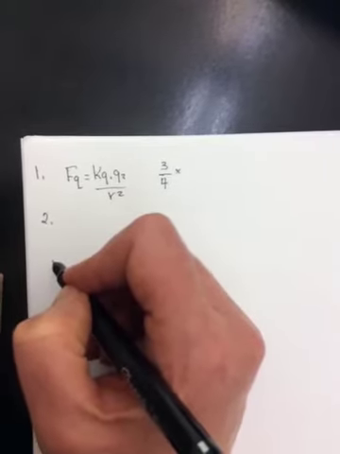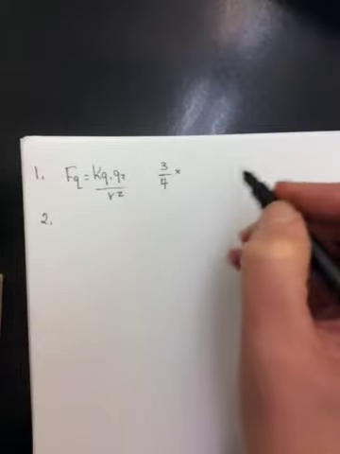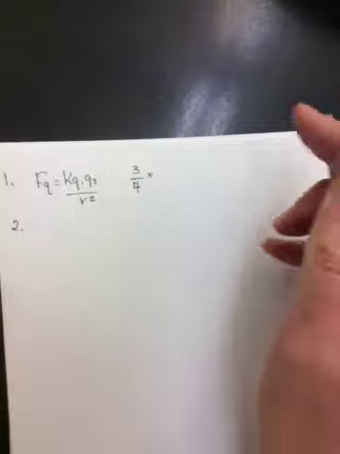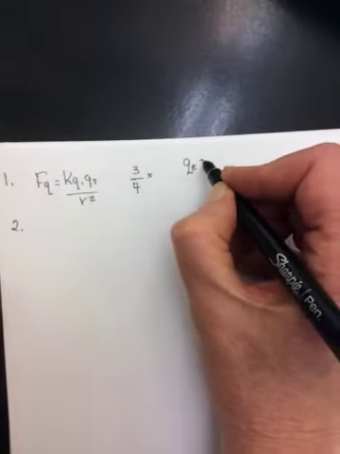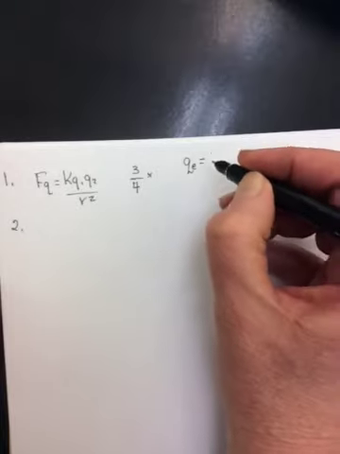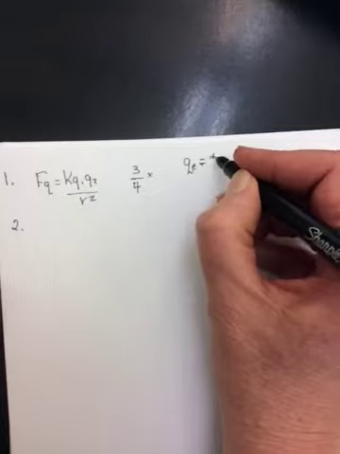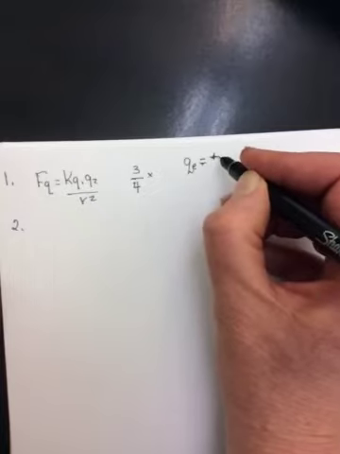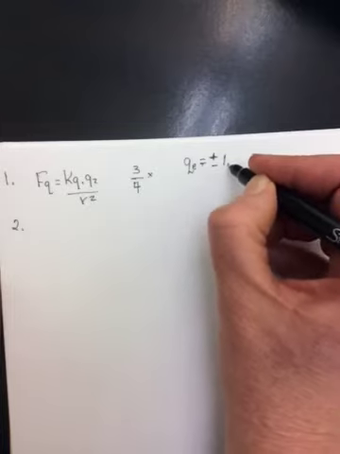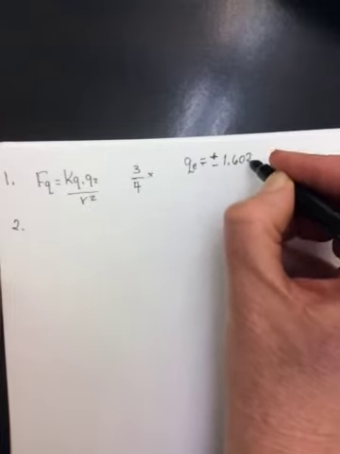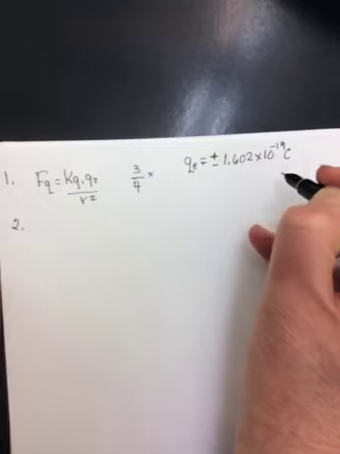Uh-oh. I thought I didn't give you one with an electron because I didn't tell you the charge on an electron. So as an aside that you might want to add in your notes, one elementary charge, because electrons and protons are the elementary charge, has a size of plus or minus, depending on if it's a proton or electron, 1.602 times 10 to the negative 19 coulombs.